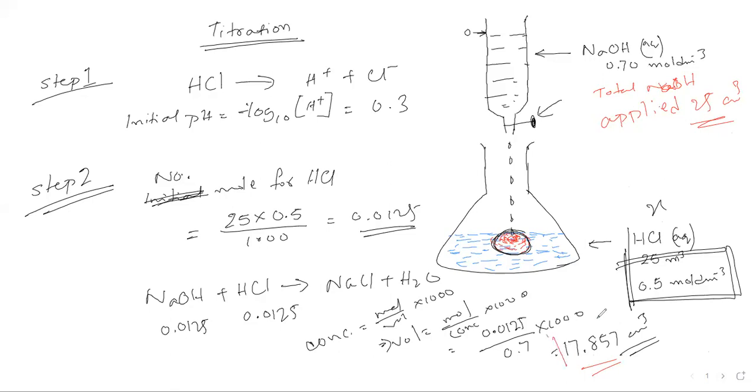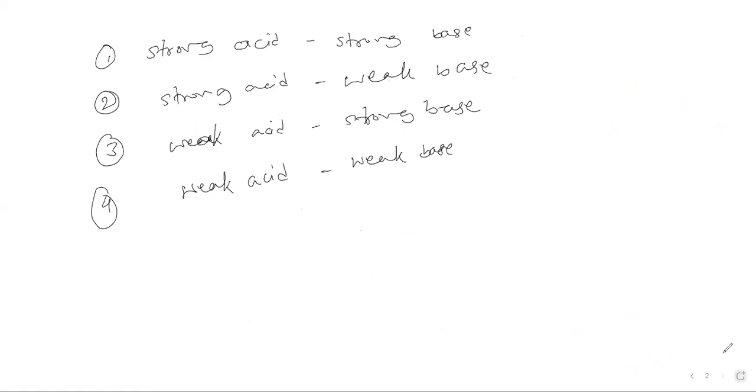This was to find the required volume for neutralization. That was part 2, step 2, and step 1 was finding the initial pH. Now in step 3, we can try to find the portion of the excess sodium hydroxide.